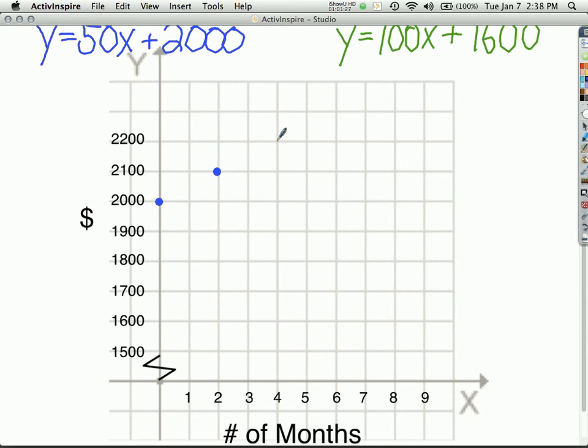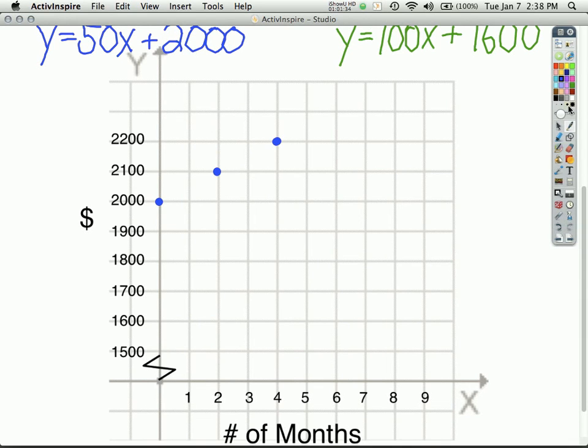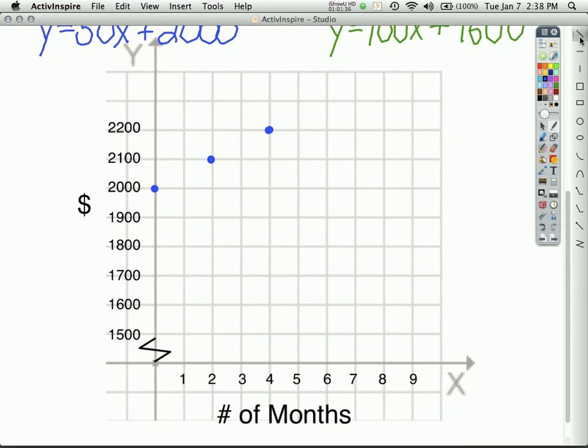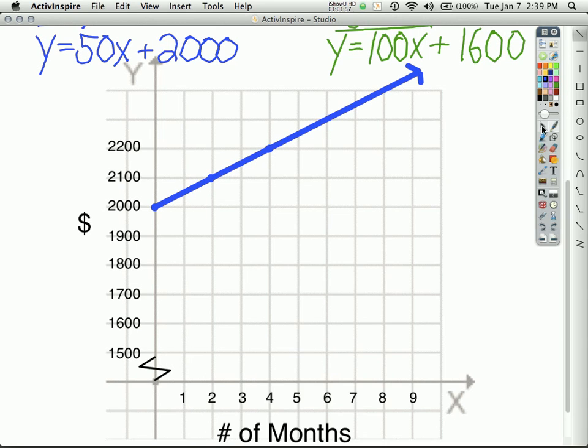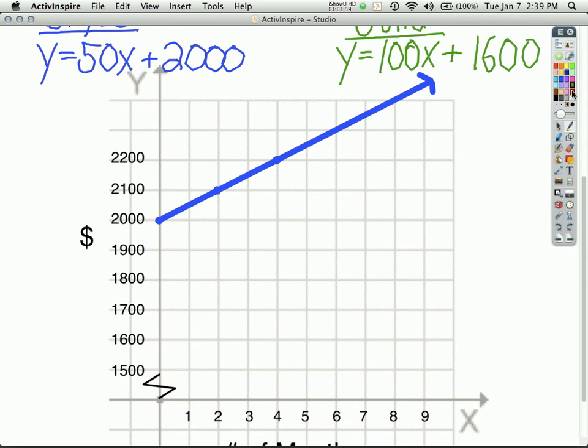Rise 50 over 1, there's another dot. And now I can draw a perfect line. And so now I have the equation and the graph that represent Bryce.